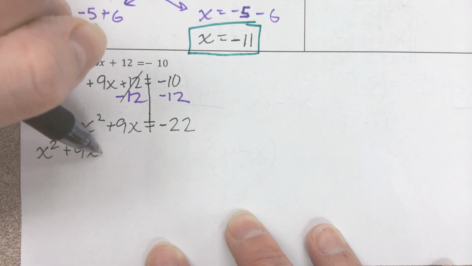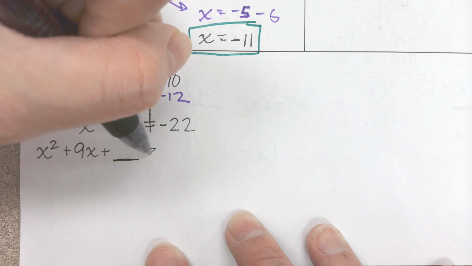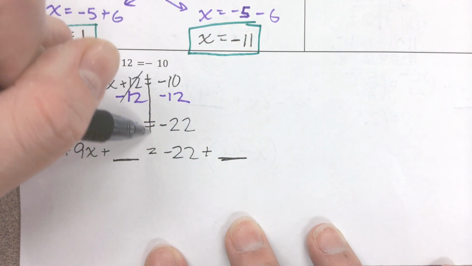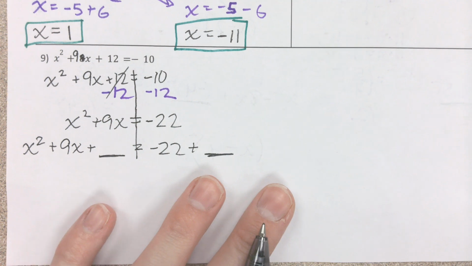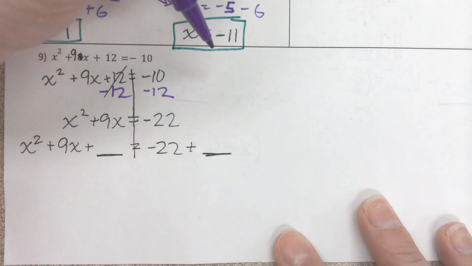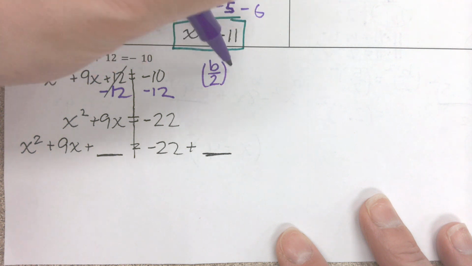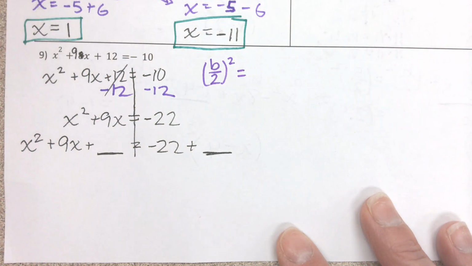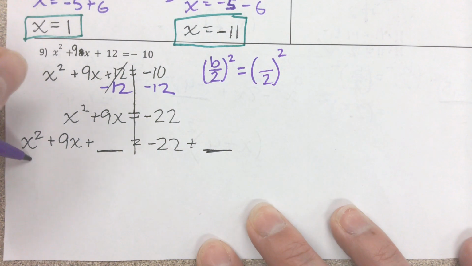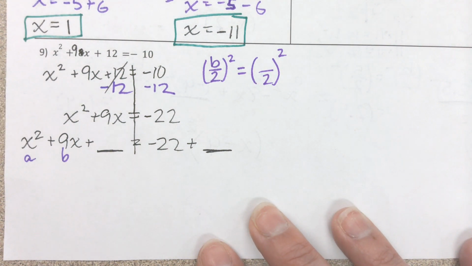X squared plus 9x plus something equals negative 22 plus something. That something again comes from b over 2 squared. B this time is 9.